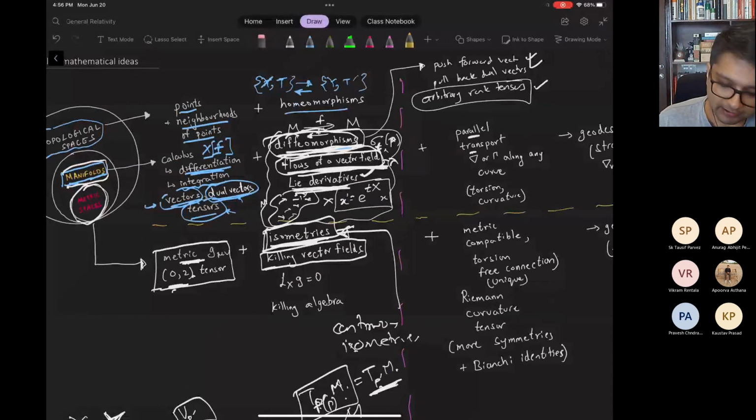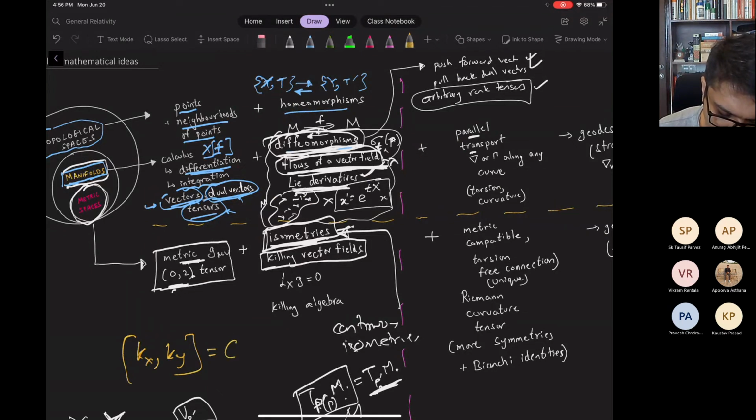So the fact that this Lie algebra of Killing vectors closes gives you a Killing algebra. That is, the Lie bracket of any two Killing vectors is equal to some third Killing vector.